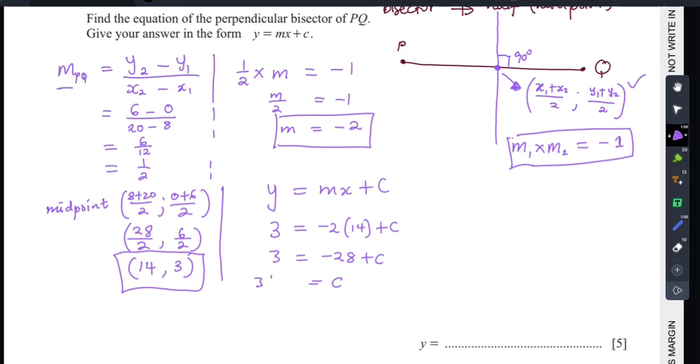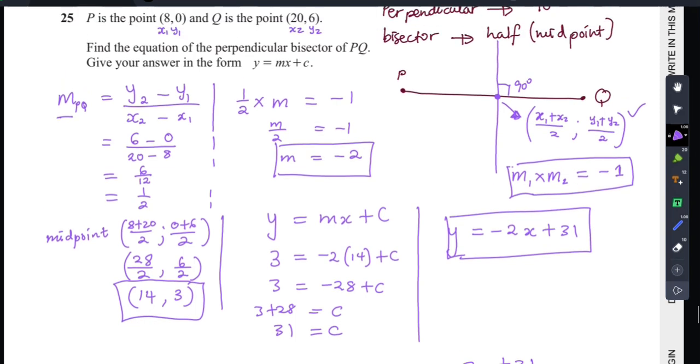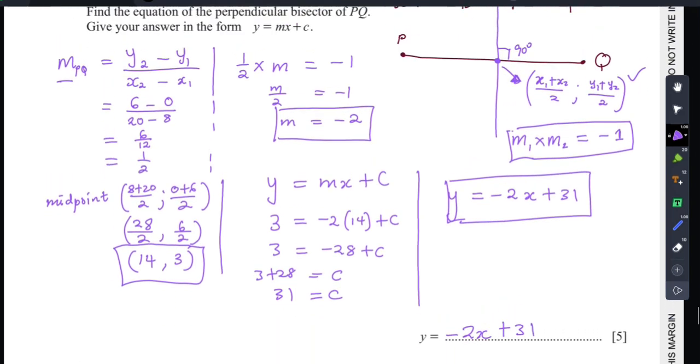So c is equal to 3 plus 28, which gives us 31. What does this mean? It means that the equation of the line is y is equal to negative 2x plus 31. Since the question said we have to leave it in the form y equals mx plus c, our answer is y equals -2x plus 31. So this is how we're supposed to answer this one.